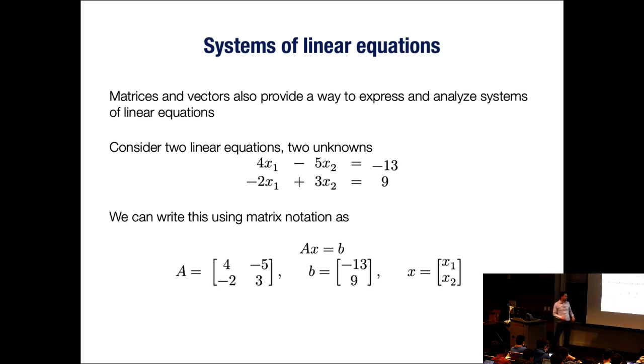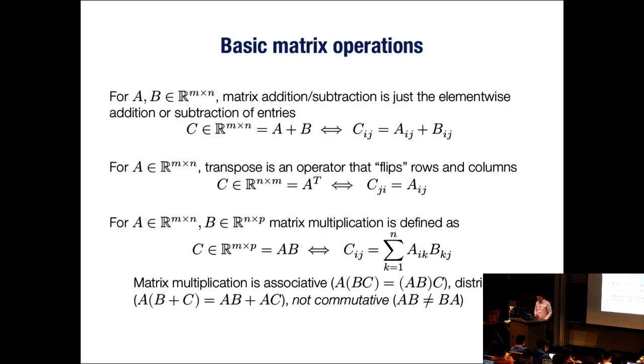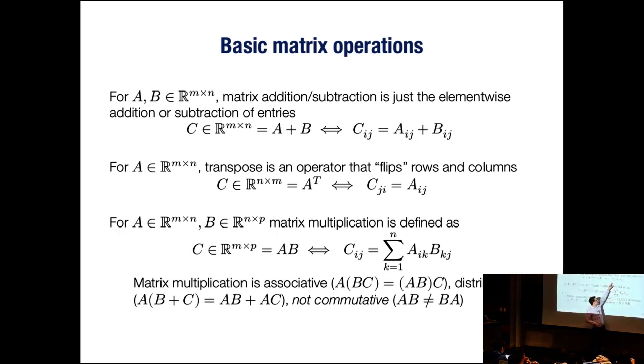Similarly, the transpose of a vector results in a row vector instead of a column vector. The formula is very simple: if A is m by n, then C is n by m, so the sizes have to be flipped too, where the ji element of C is equal to the ij element of A.